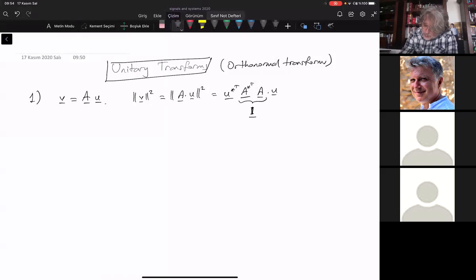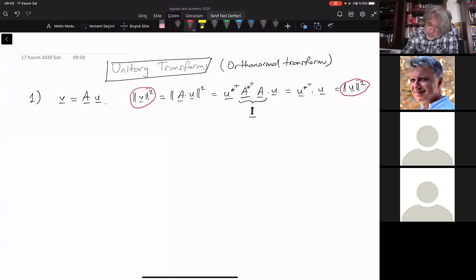It's equal to U conjugate transpose times U, which is the square norm of U. So what we discovered is the square norm of V is equal to the square norm of U. Therefore, this kind of a transform, the A transform, if it is a unitary transform, will be preserving the energy.